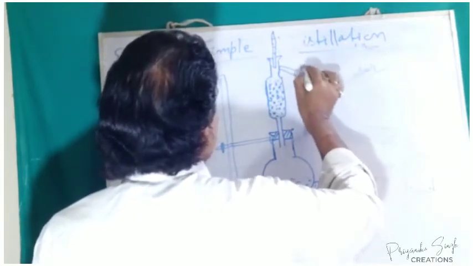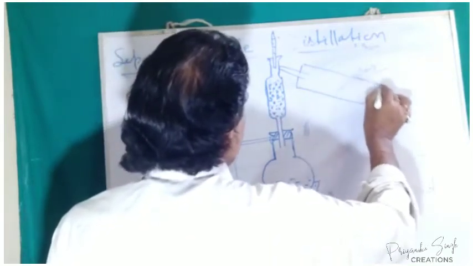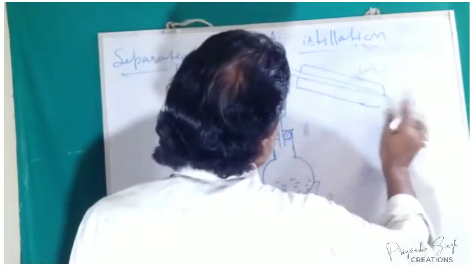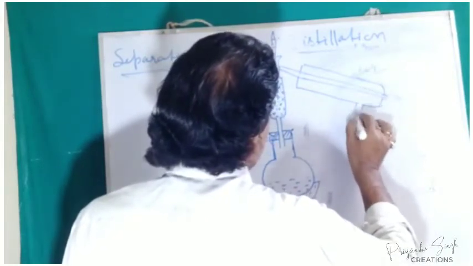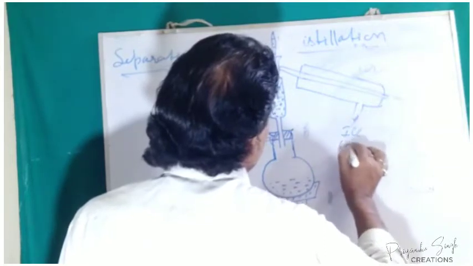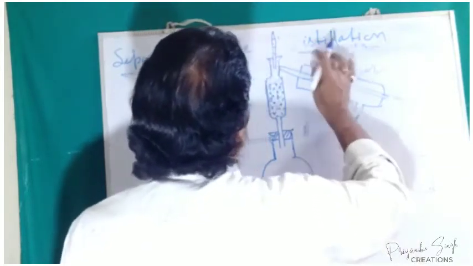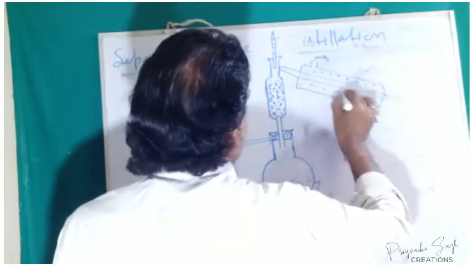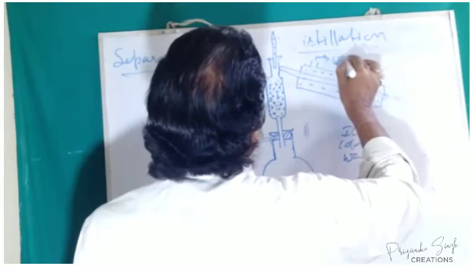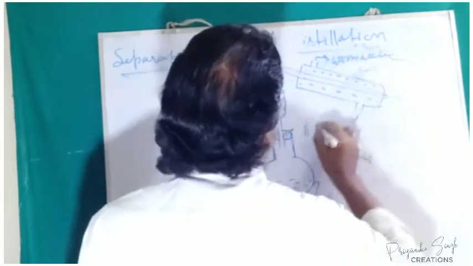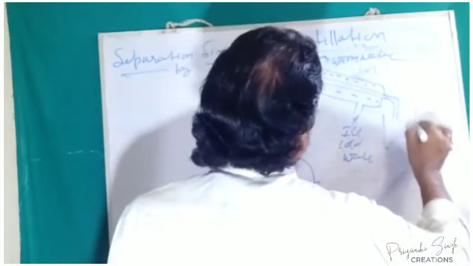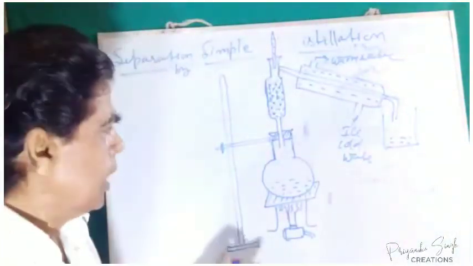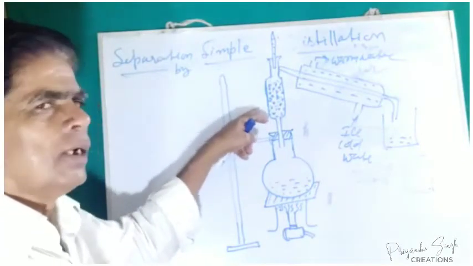Now, this is connected to the condenser through which the liquid passes, and it is cooled with ice cold water, and the upper exit tube is provided here to pass the warm water out of this jacket, and a condenser is placed here to collect the distilled liquid.